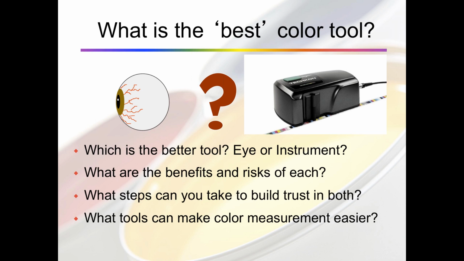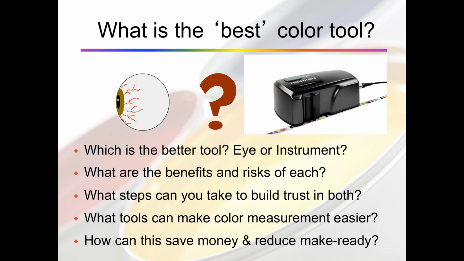The instrument sees a very specific area, but gives a lot of scientific information. So we also aim to give you tools to make color measurement easier, and we'll introduce that. Ultimately, at the end of the day, everybody cares about saving money and reducing make-ready time. So we'll introduce how the best use of your eye and the best use of the instrument can help you with these objectives as well.